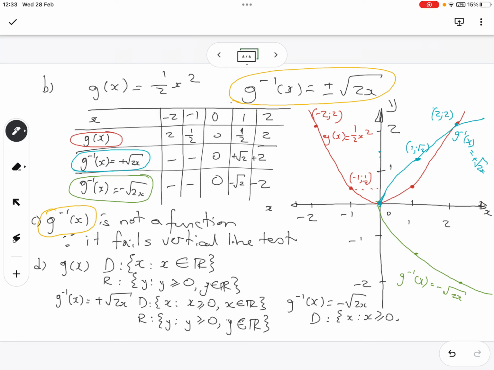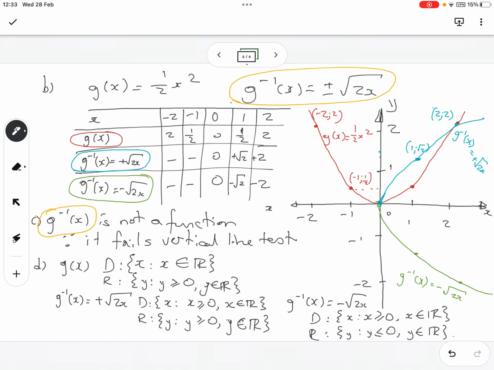X is greater than or equal to 0, and x is an element of real numbers. And then for the range, we have y is less than or equal to 0. Correct. And then y is an element of real numbers. Excellent.